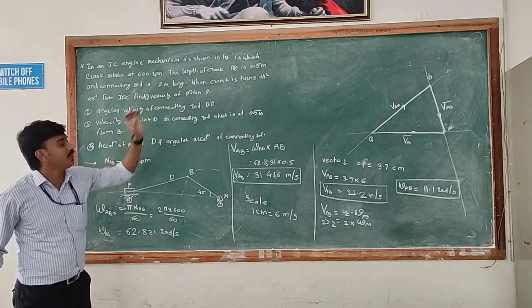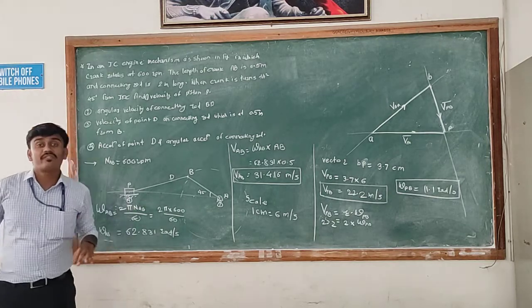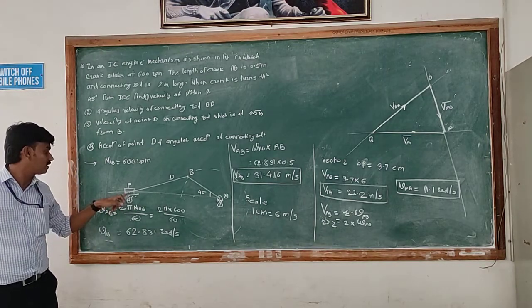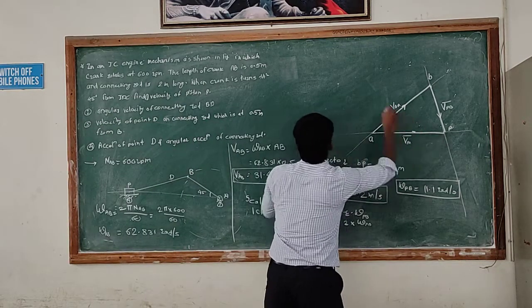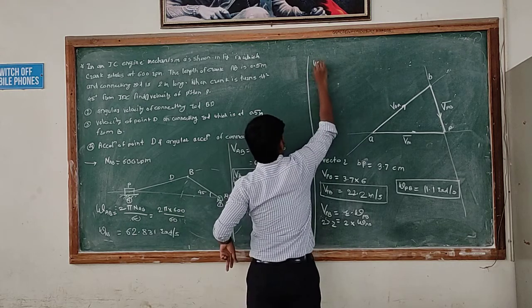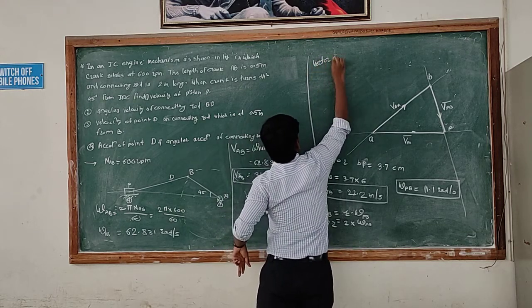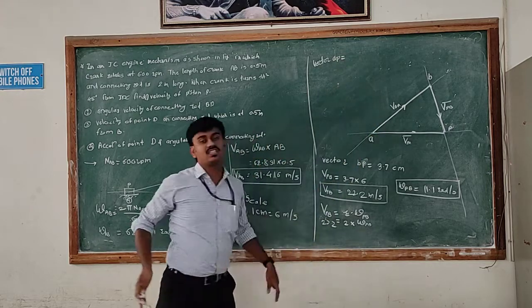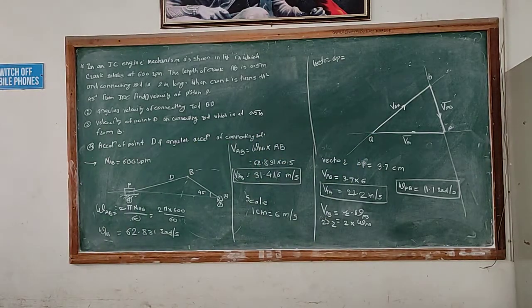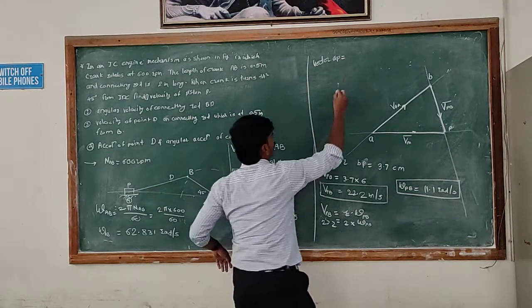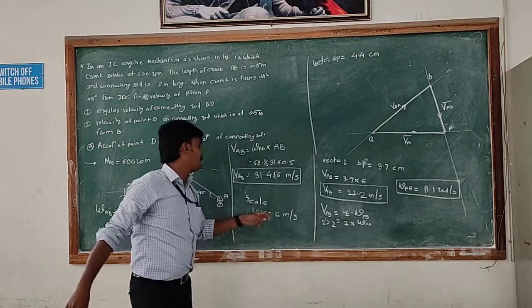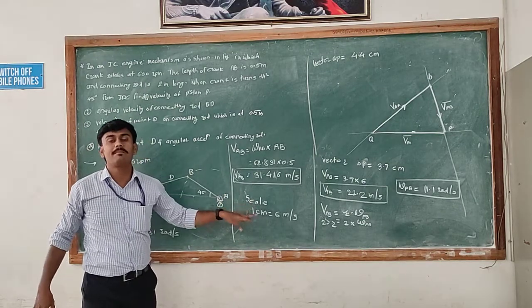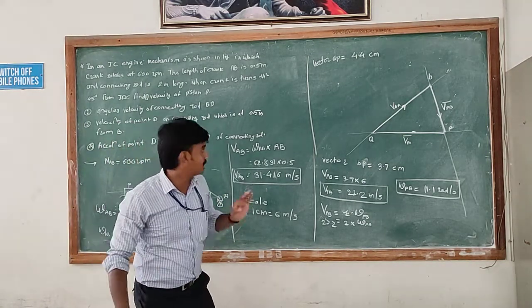The first is the velocity of the piston. They ask for the velocity of the piston, meaning the velocity of point P with respect to A. So here measure this vector A to P. If we measure this by using a scale or a protractor, the vector AP is 4.4 centimeter. Multiply it by 6 because the scale is 1 centimeter equal to 6 meter per second.